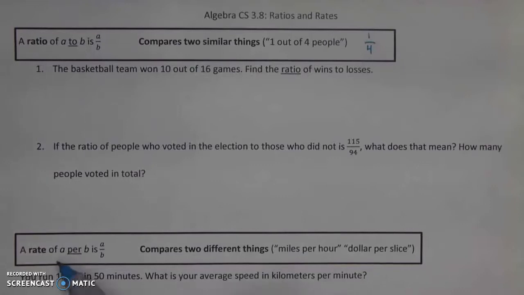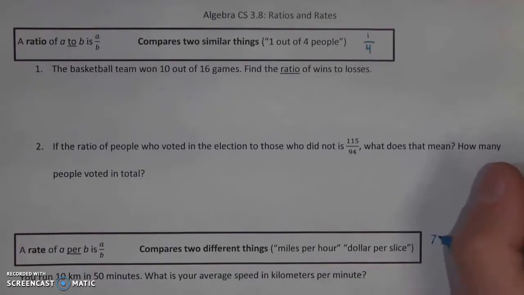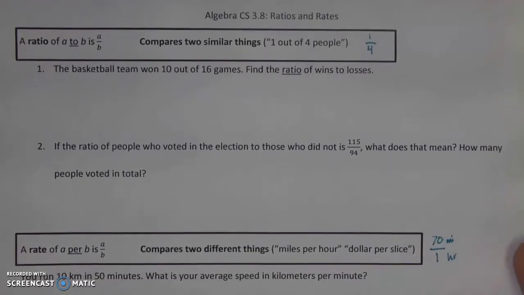Now, rates are different in that they're going to compare two different things. So we can talk about how many miles we've gone per hour. So if you're going 70 miles per hour, that's 70 over 1, or 70 miles per 1 hour. And those are two different things. So that makes it a rate rather than a ratio. And you can also do this like dollars per slice. We frequently compare numbers to each other and objects to each other.